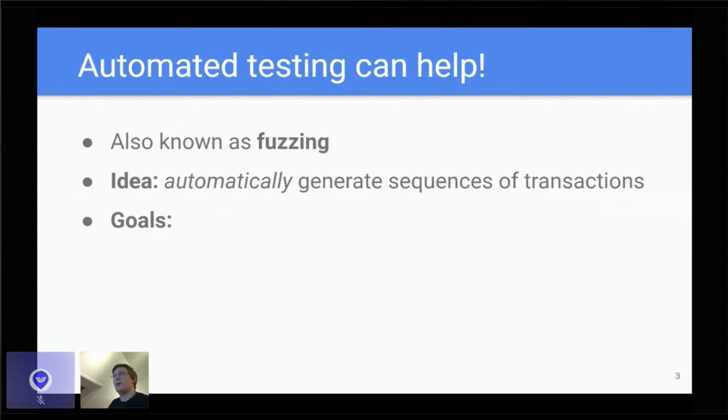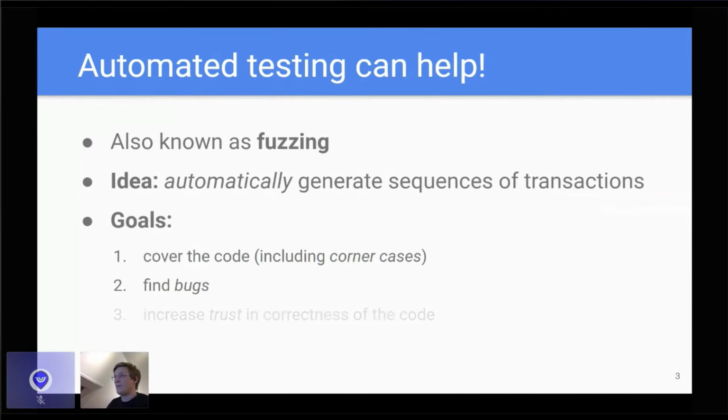The goal behind automated testing or fuzzing is to cover the code, and in particular also to ideally find corner cases that maybe as a developer yourself you've overlooked when writing your own test cases. Second, of course, it's to find bugs.